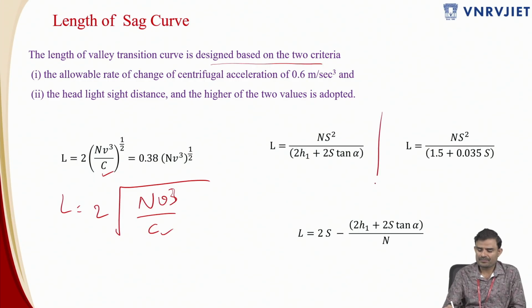The other criterion, because of headlight sight distance, is given by L equal to N S squared divided by 2h1, where S is the stopping sight distance you calculate. Here h1 is different, that is the height of the light of the vehicle.